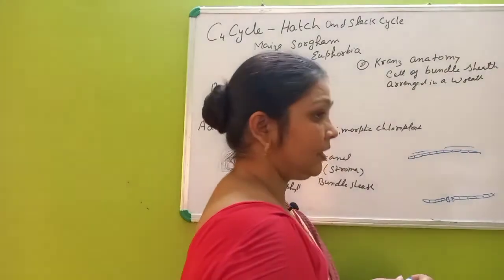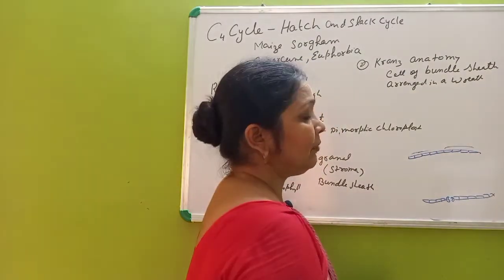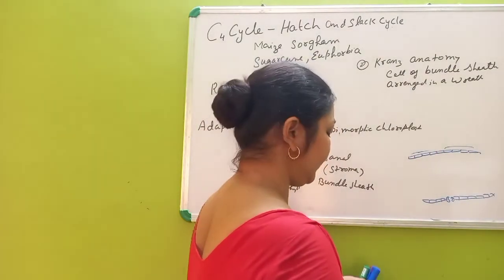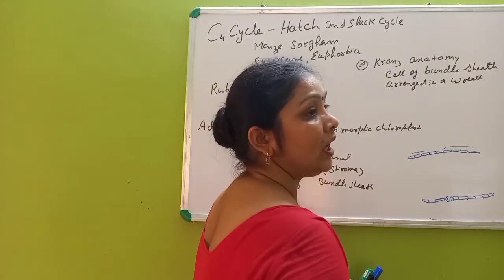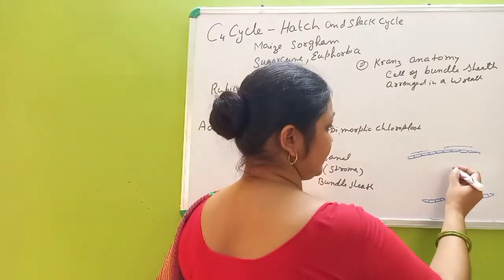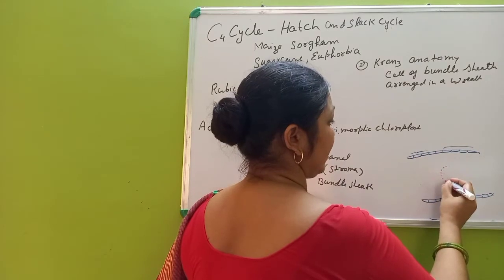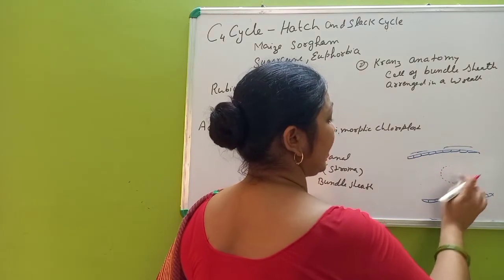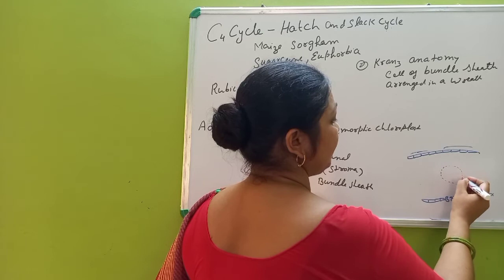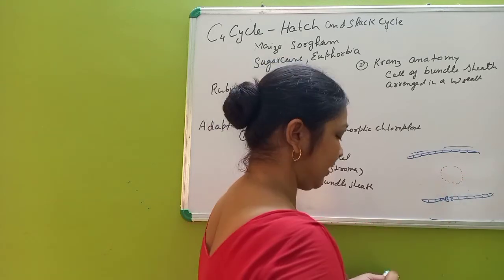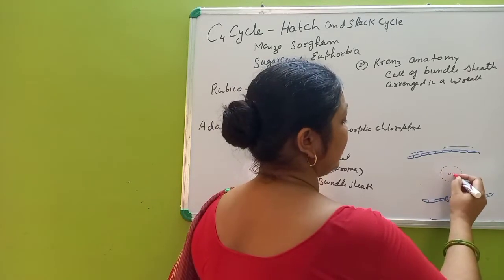Between these two epidermis there are two types of parenchymatous cells, one is palisade parenchyma and the other is spongy parenchyma, and this is the vascular bundle.